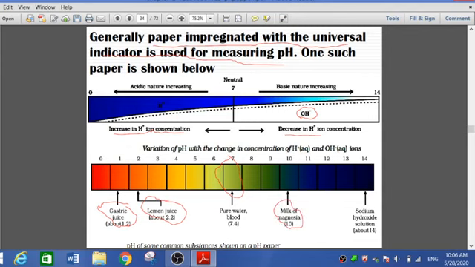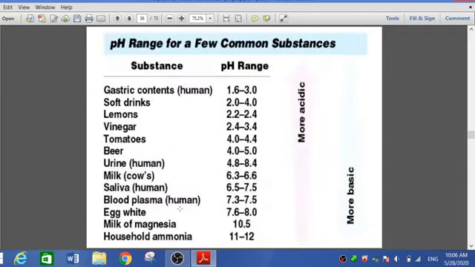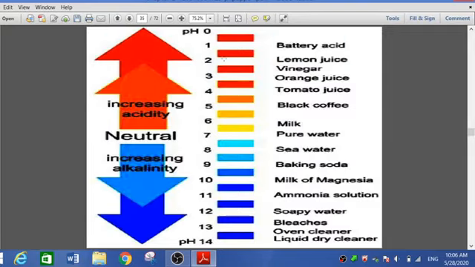In the pH scale you will see the colors. And sodium hydroxide is pH 14, a strong base. Gastric juice is mostly HCl. So that is some pH information.